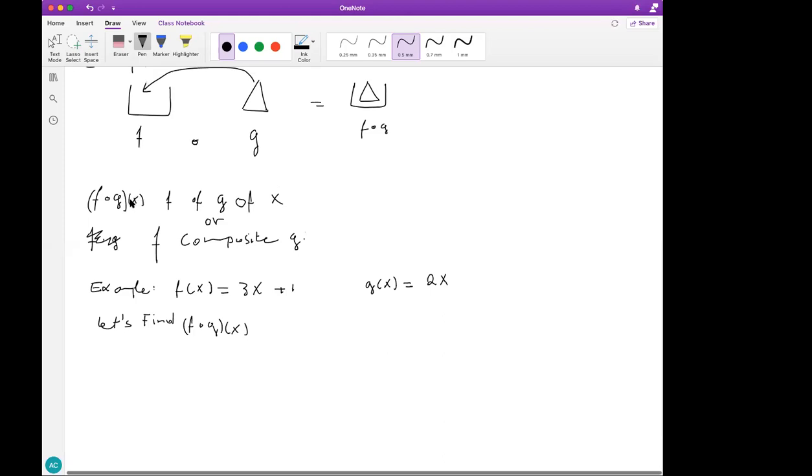This is just a variable. This is not a multiplication. It does not mean a multiplication here. It just means that these two functions have the letter, or the variable, x. And f of g of x. So in this order, you plug the second one into the first one. Just like we did here, take the second one, you plug it into the first one. The result will be called the composition of the two.